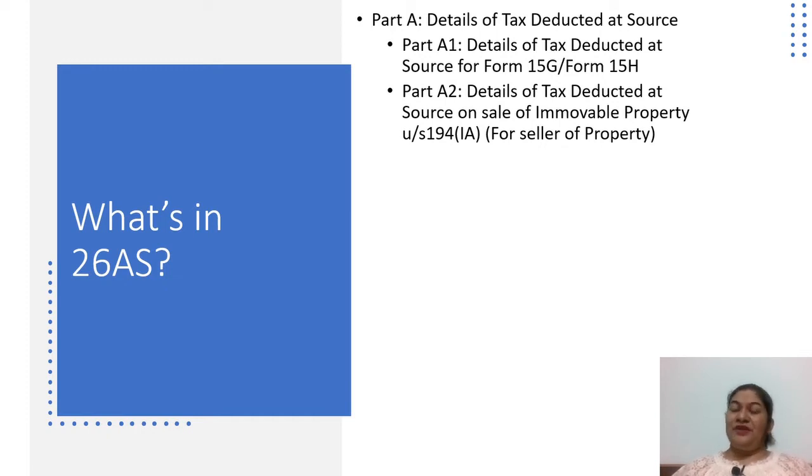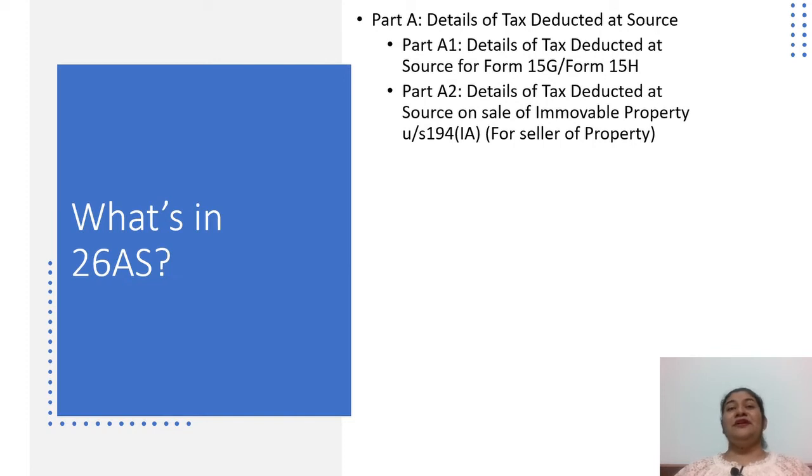Part A1. Here are the details of tax deducted at source against Form 15G and Form 15H. So if you have submitted 15G and 15H, you will get the status of TDS against these forms. Part A2 will be the details of tax deducted at source on sale of immovable property.